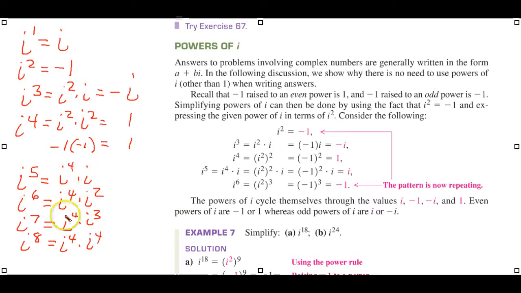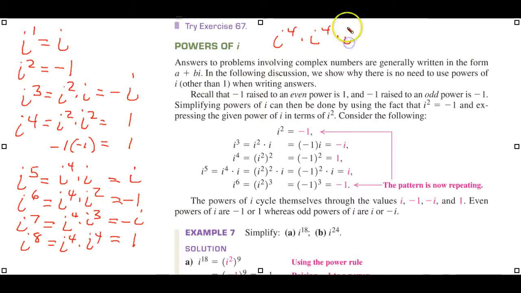Well, all of these i to the fourths are a 1. Over here, this is going to be i. This is going to be a -1. This is going to be a -i. And this is going to be a +1.